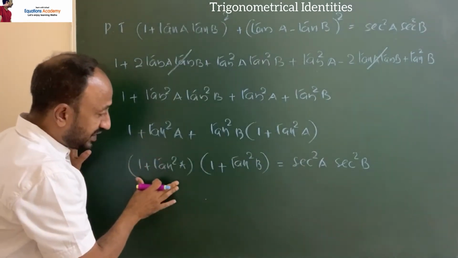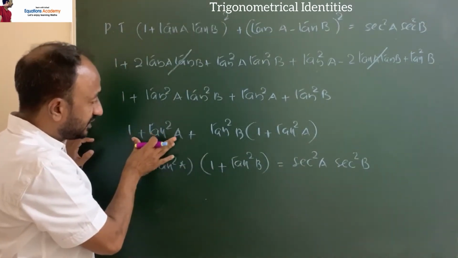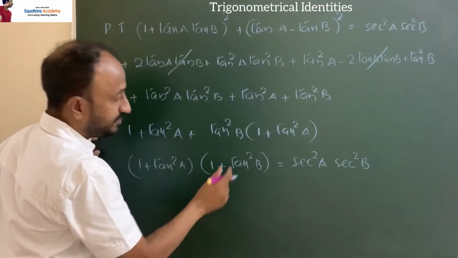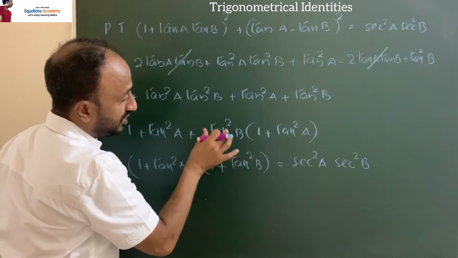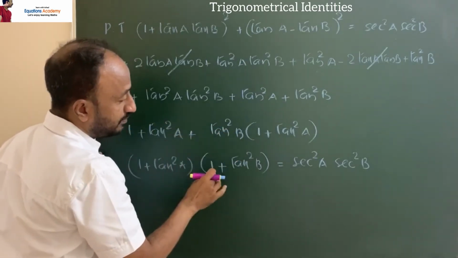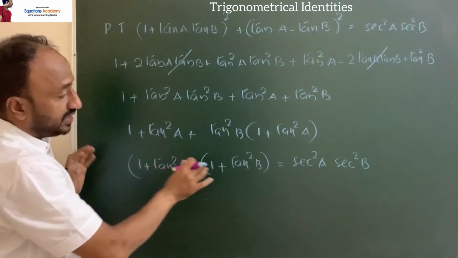So 1 plus tan square A into 1 plus tan square B.